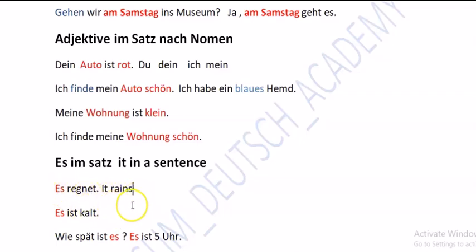It is like in English we say it is cold. In German, we say es ist kalt. Wie spät ist es? It means what time is it? We say es ist 5 Uhr. It is 5 o'clock. It means it is 5 o'clock in the morning, not afternoon.